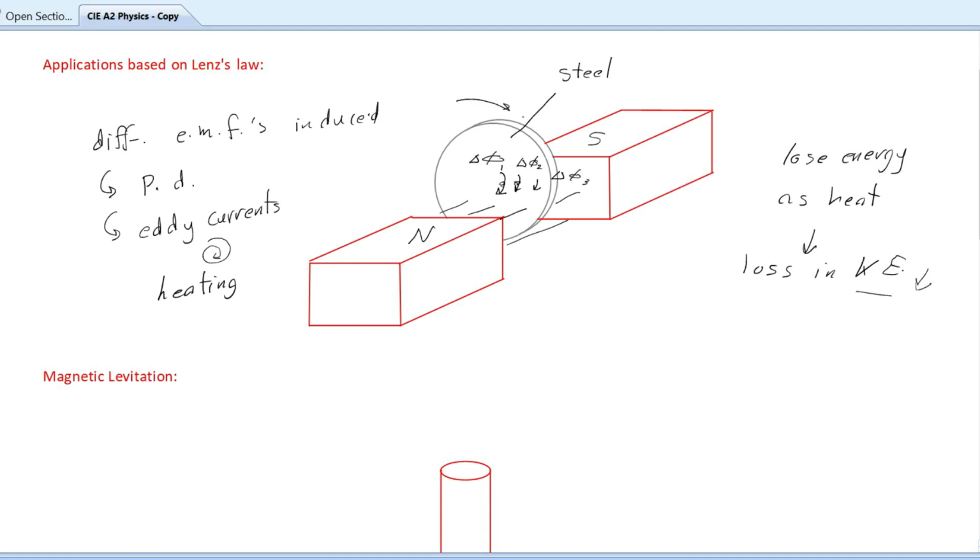So that's how you stop a moving metal object. Just make it move inside a magnetic field that will create eddy currents, and eddy currents will generate heat, reducing the kinetic energy of the motion.